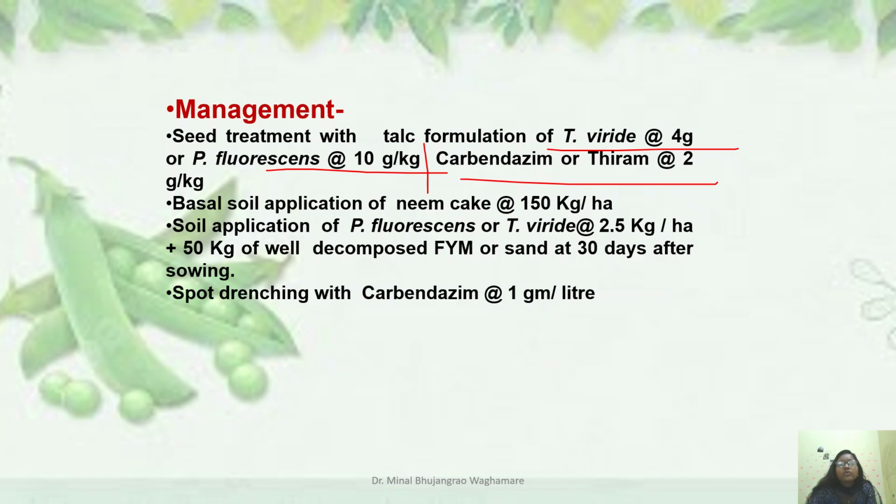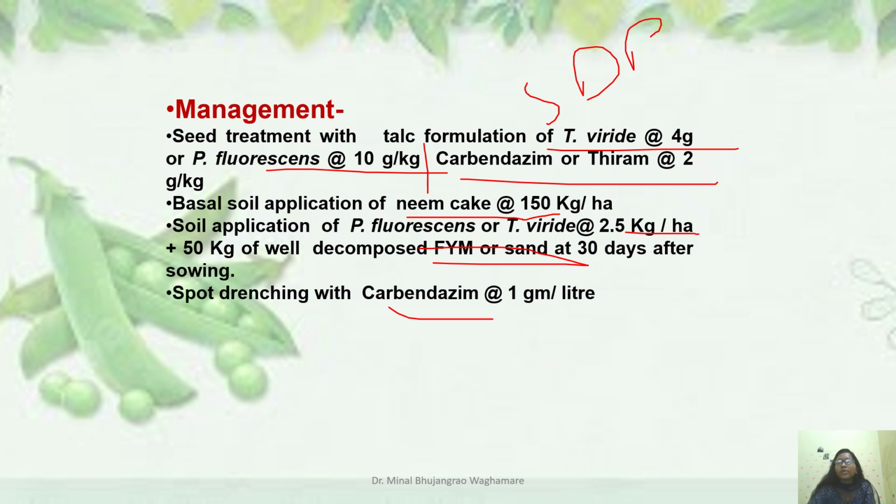Soil application can be done for enhancement of soil organic amendment with the help of neem cake at 150 kilogram per hectare, and again soil application of Trichoderma and Pseudomonas at 2.5 kilogram per hectare with 50 kilogram well decomposed FYM or sand at 30 days after sowing can be provided. Drenching with carbendazim at 1 gram per liter is also provided. This is mainly a soil borne disease, so deep summer plowing of the soil can be provided as a management.